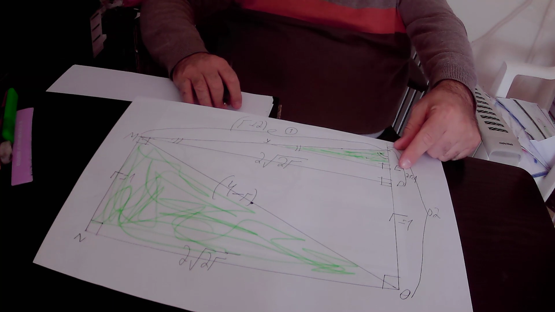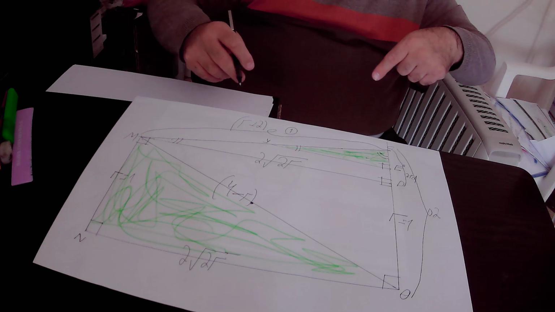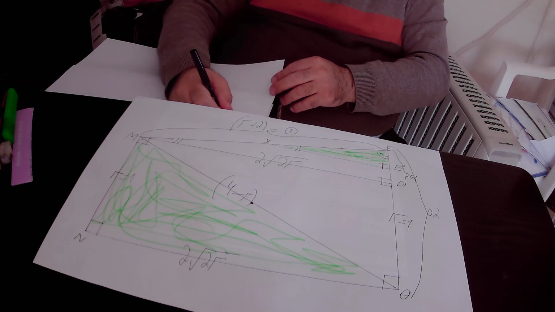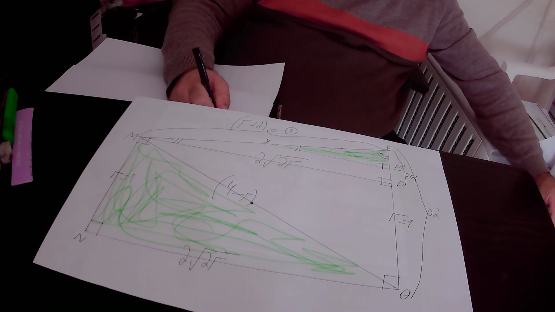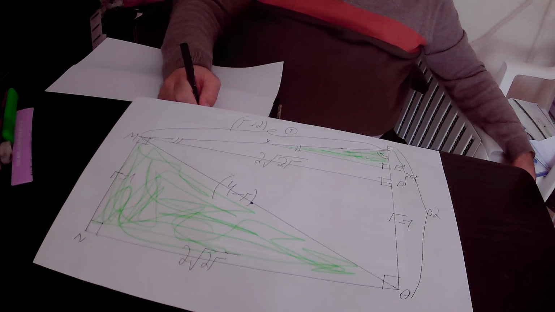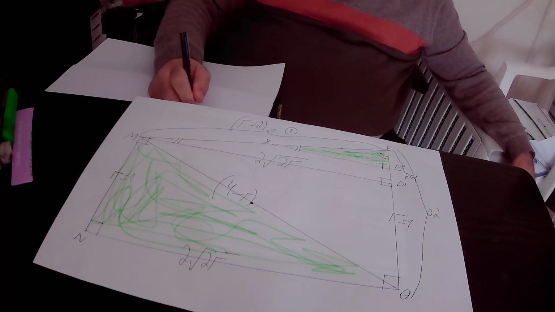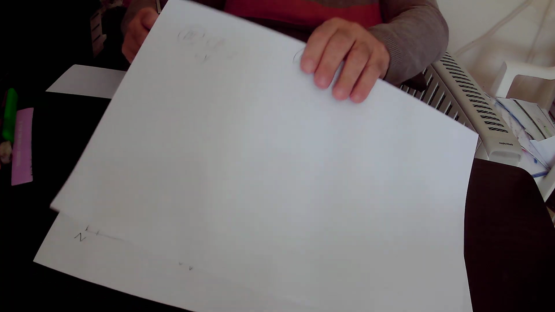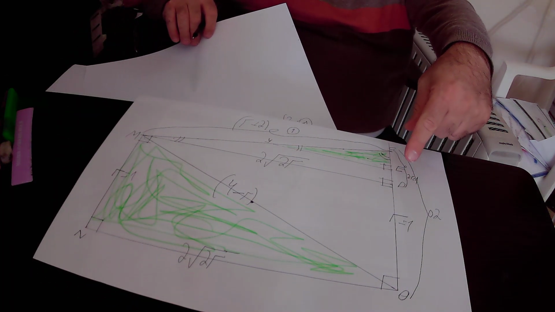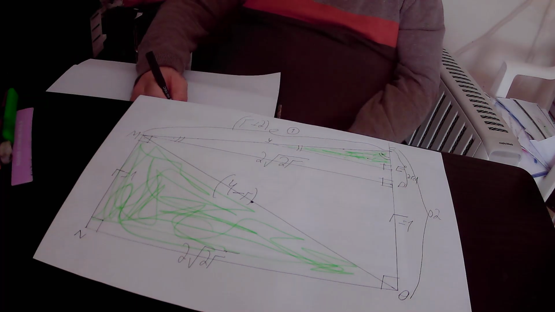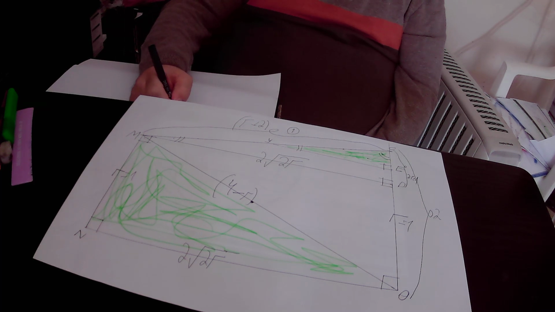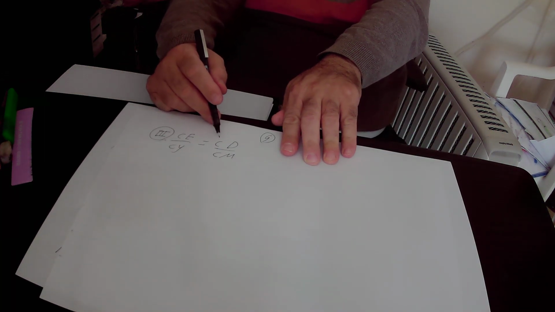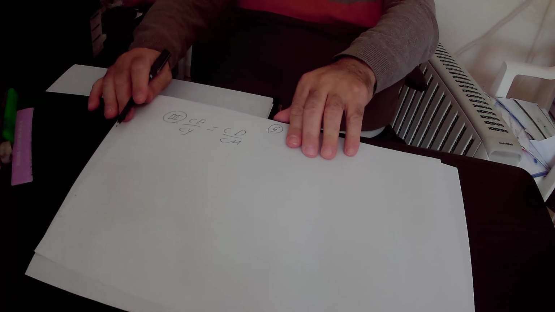CE over CY in the green triangle CYE equals to CD over CM in triangle CDM. Okay, CE over CY in triangle CYE equals to CD over CM in triangle CDM.